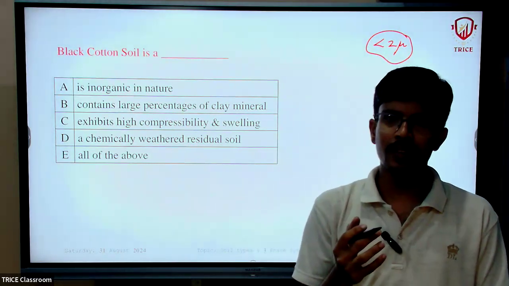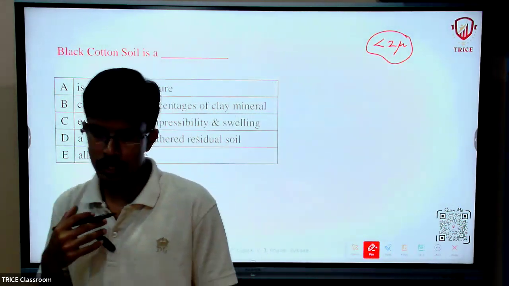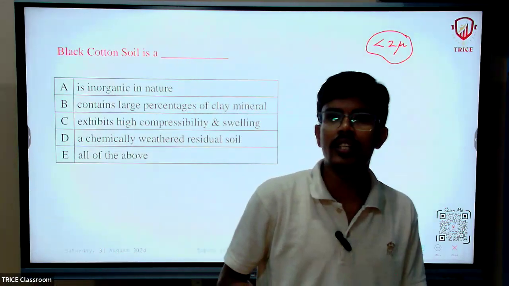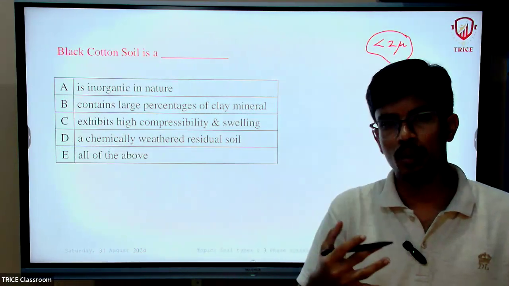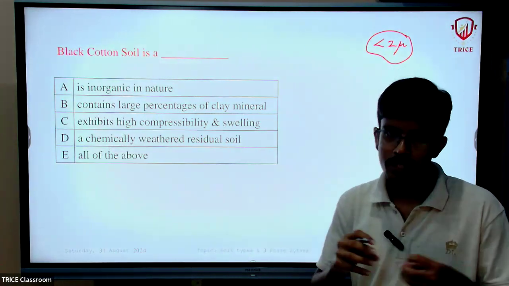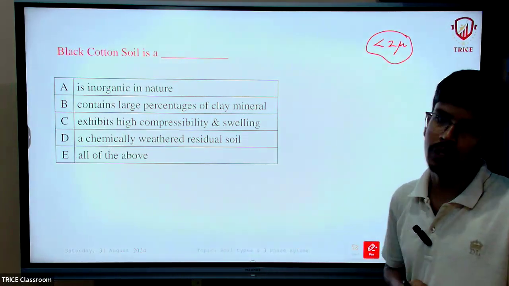The black cotton soil is completely residual soil, right? It is formed by the disintegration of igneous rocks like basalt. With the leaching process by the action of chemical processes, the soil particles disintegrate into individual particles of around less than 2 microns.